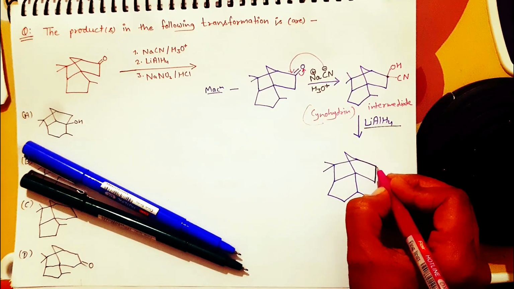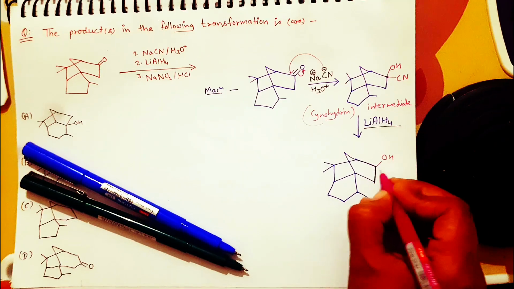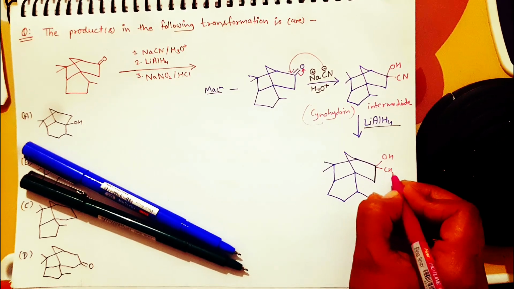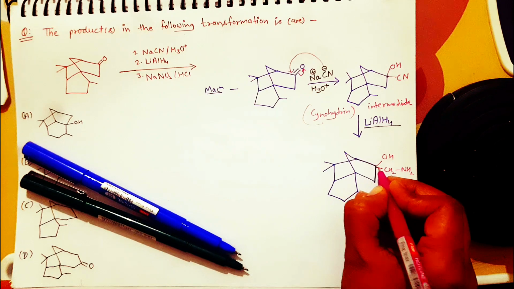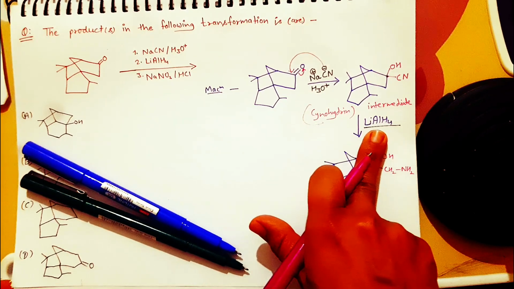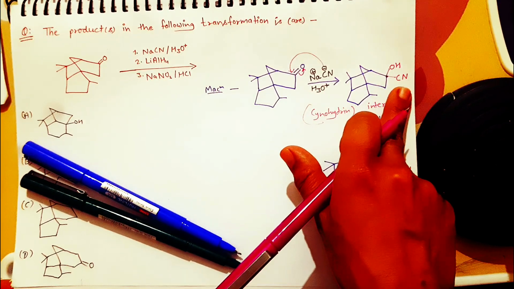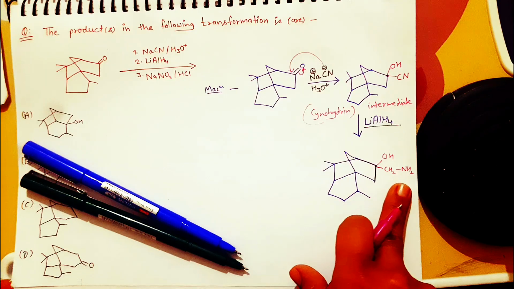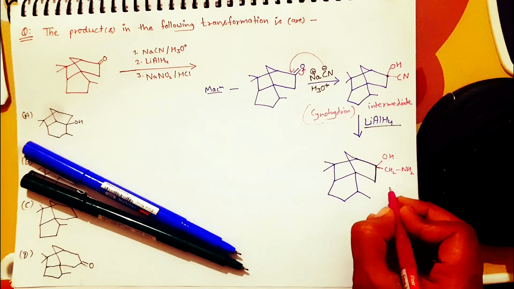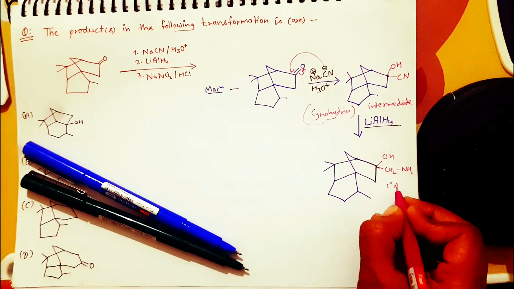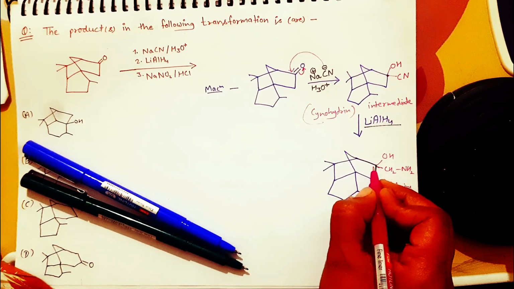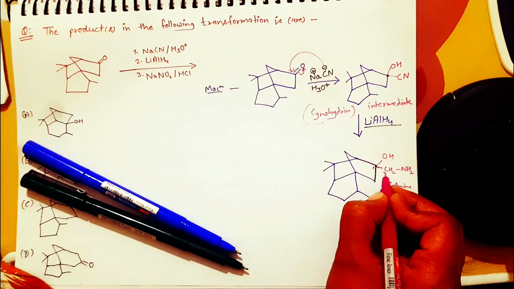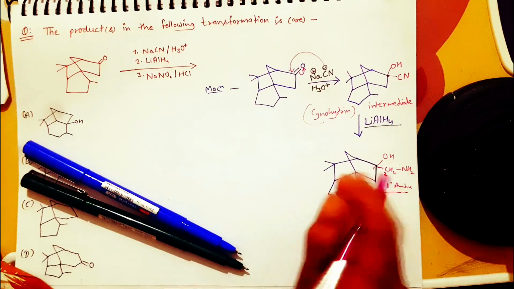Here we get CH2 and NH2. This lithium aluminum hydride reduces this cyanide group and forms a 1 degree amine here. This is carbon number 1 and this is carbon number 2.